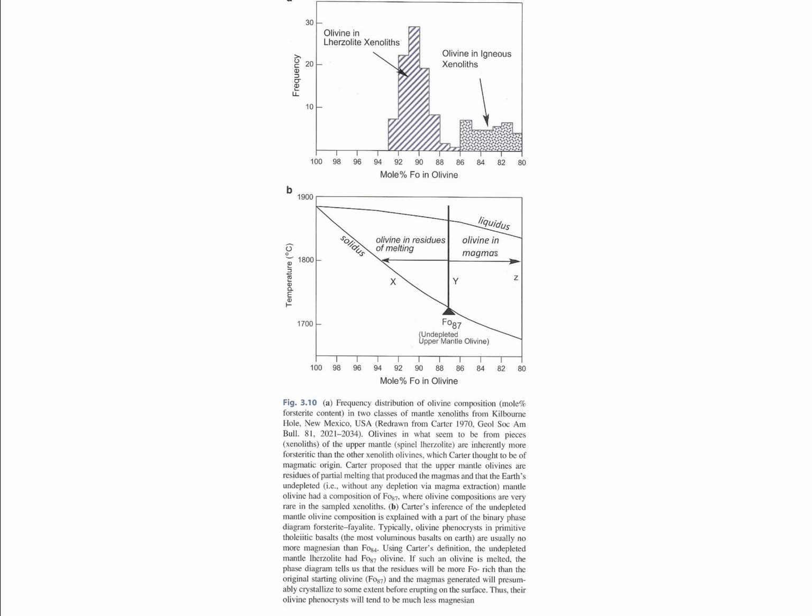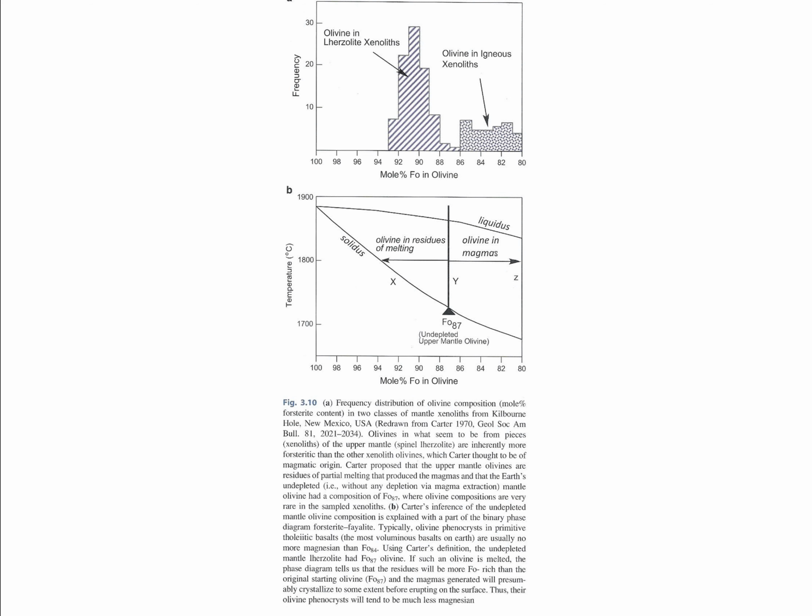So here at the top we have a diagram where we are comparing olivines in a lherzolite xenolith. And then we are comparing these olivines with those in igneous xenoliths. For example, olivine in a lherzolite xenolith you can find in kimberlites, and lherzolite nodules you can also find in volcanic rocks, always depending on under which pressure and temperature conditions these lherzolites are formed.